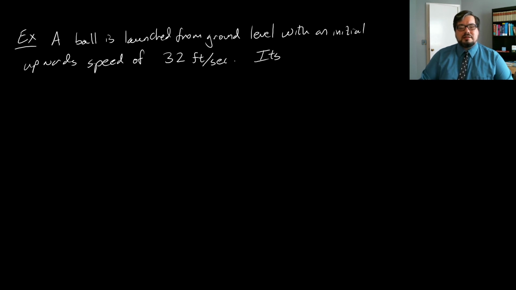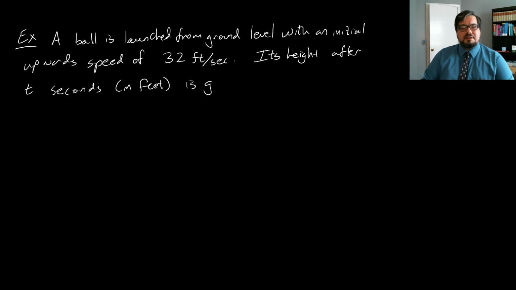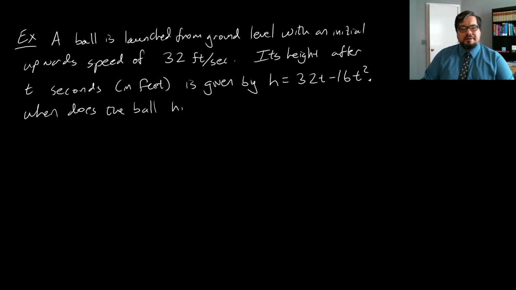Its height after t seconds in feet is given by h equals 32t minus 16t squared. When does the ball hit the ground?